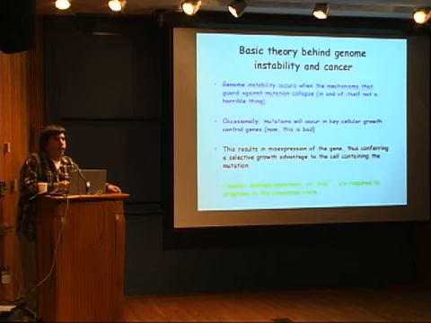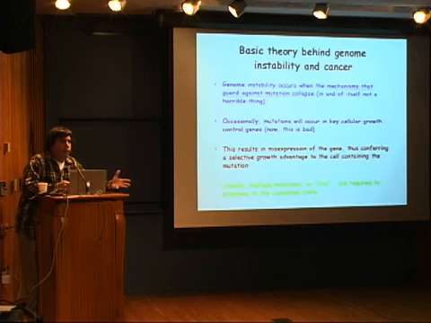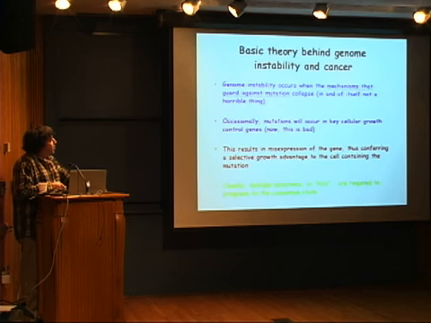Because the ability of cells to tolerate a high mutation rate only becomes problematic when those mutations begin to affect the behavior of proteins that are necessary to regulate how the cells divide. Picking up mutations in key growth control genes can result in misexpression of the particular gene or loss of the particular gene.